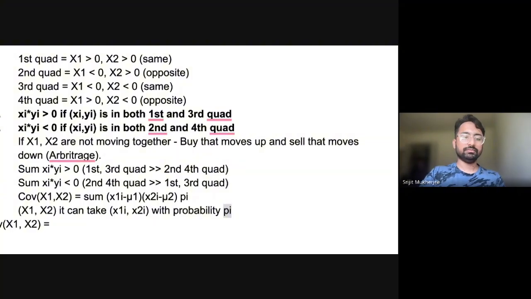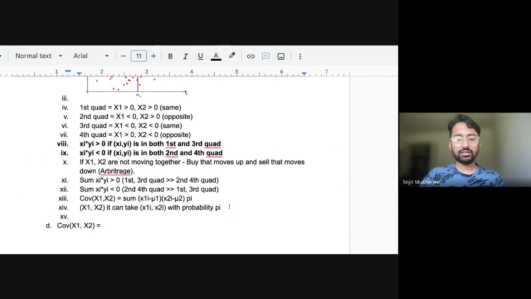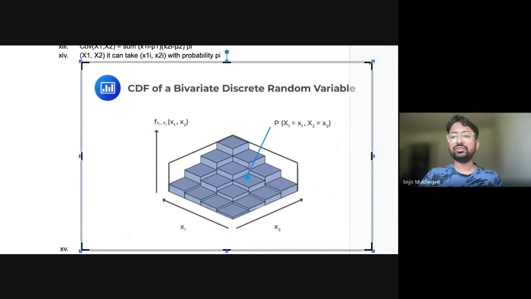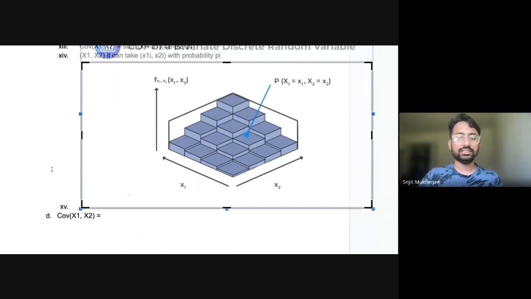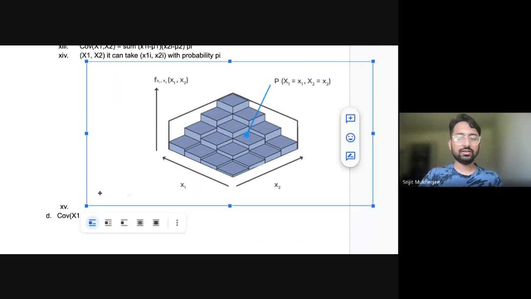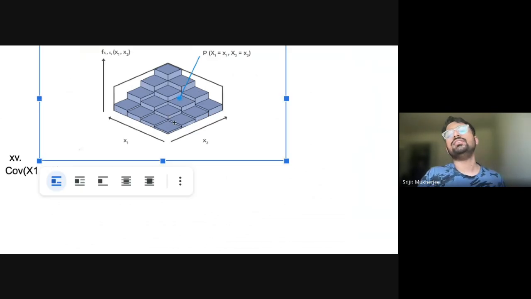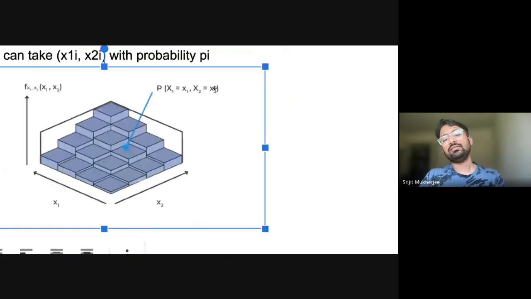So let's see, what is the bivariate probability distribution? This is a great example. Let's remove the term CDF, but I hope you understand now from this picture. Each point has a probability value. Got it? So this x1, x2 is nothing but what I am calling xi.